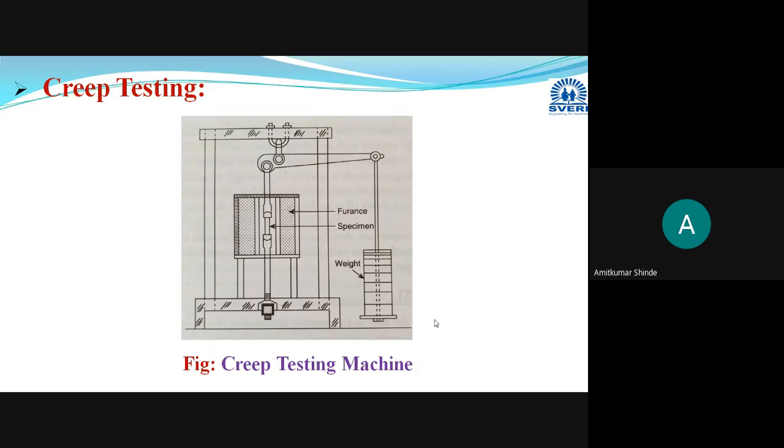And after understanding the meaning of creep, then how is it useful, why are we going to calculate the creep limit or creep strength of a particular material by conducting this test? There is a certain purpose.